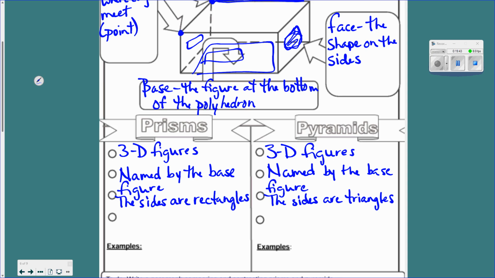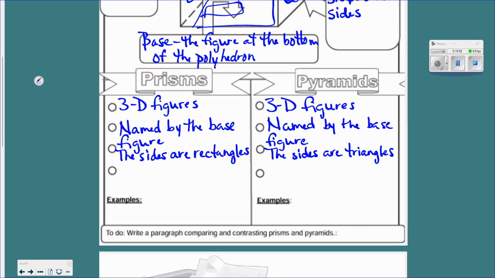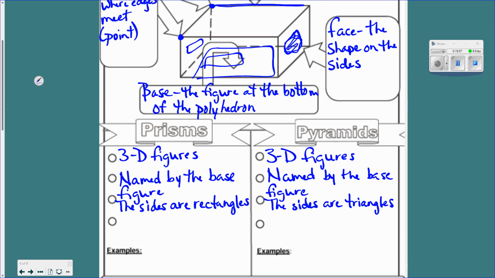So again, you also have your base shape as part of the name, which is kind of the next one. Because all of the sides on my prisms are rectangles, that's how many bases I have: two.